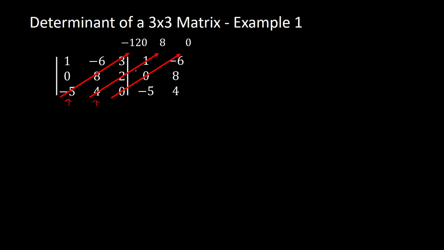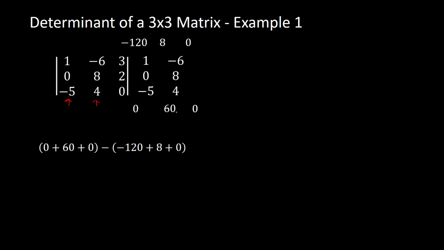And then just like with a 2 by 2 matrix, I'm now going to multiply down the other way. So starting here at the 1, I'm going to go across to get 1 times 8 times 0, which would give me 0. And then do the same thing again across this way, -6 times 2 times -5, I get 60. Then multiply the 3 times 0 times 4 to get 0. So now, just like with determinants of a 2 by 2 matrix, I am going to subtract these numbers.